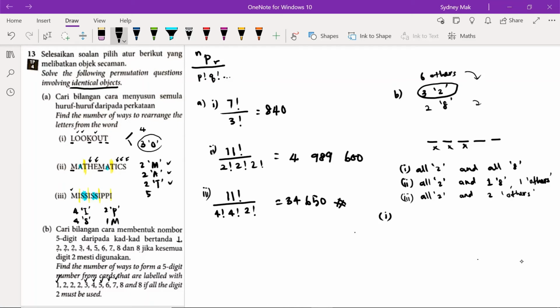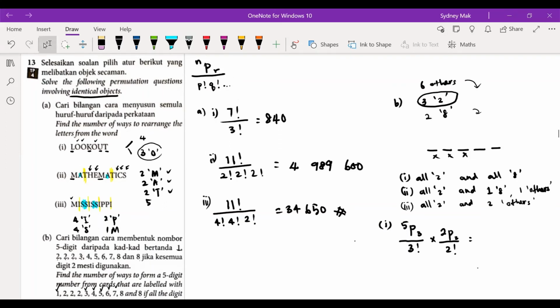For scenario 1, all 2s must be in. So the 2s will choose from the 5 empty slots. We choose any 3 to fill in the 2s, and don't forget, we have to divide by 3 factorial because the 2s are identical. Followed by the remaining 2 slots, we just have 2P2 because we have 2 eights. Out of these 2, we just arrange the 8s in, and don't forget to divide by 2 factorial because 8 appears twice.